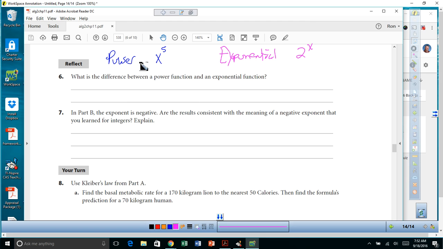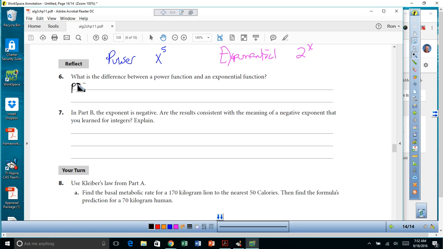So this right here, that's a power of a variable, and this is a variable of a power. In part B, the power x to the 5th.